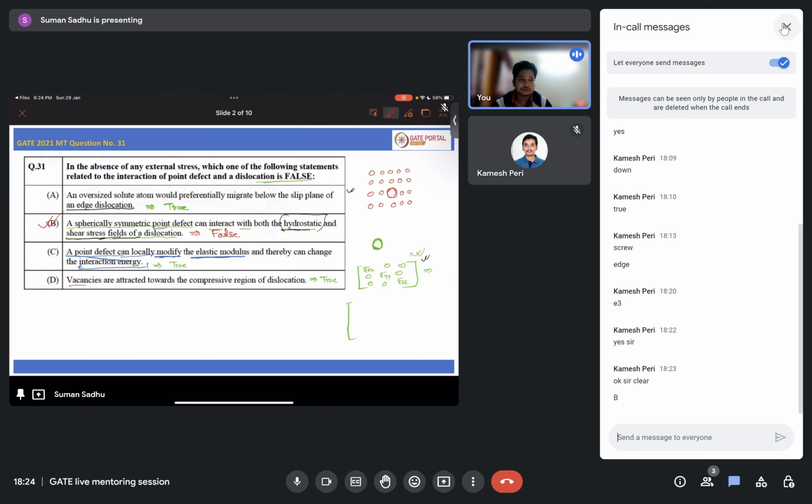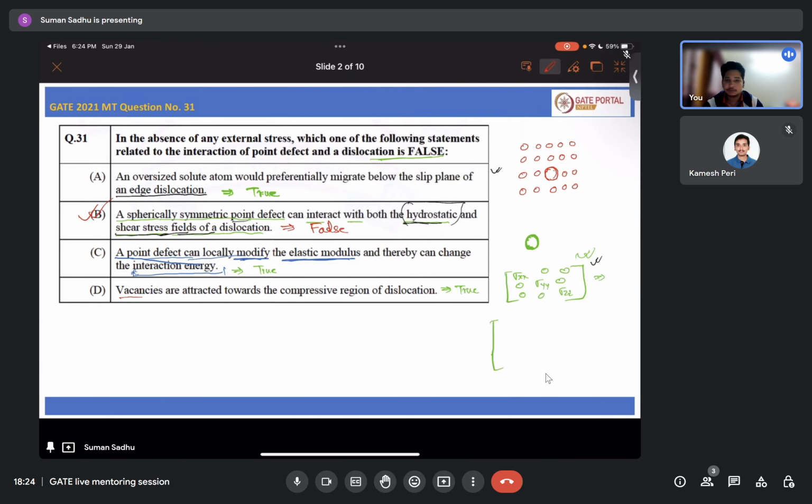In order to solve this type of question, you have to visualize a little bit. If you go through statement by statement, it will be easier. First you see whether the first statement is correct or not. In this case, we first saw the effect of an oversized solute atom on the matrix, and then how the edge dislocation affects the matrix.